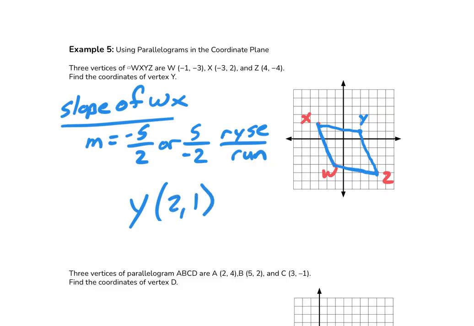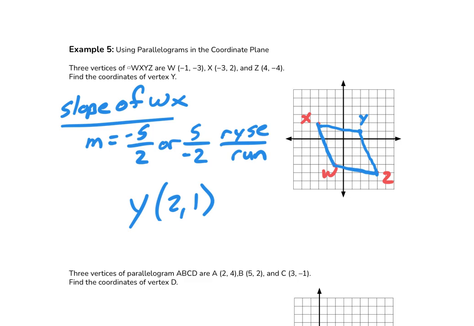Here's kind of a way that you could check your answer as well. What do we know about xy and wz? What would be true about those two? The top and the bottom side. They also have to be parallel, right? So to get from x to y, I'm going to go down 1 and then over 1, 2, 3, 4, 5. And then wz, I'm going to go down 1, then 1, 2, 3, 4, 5.